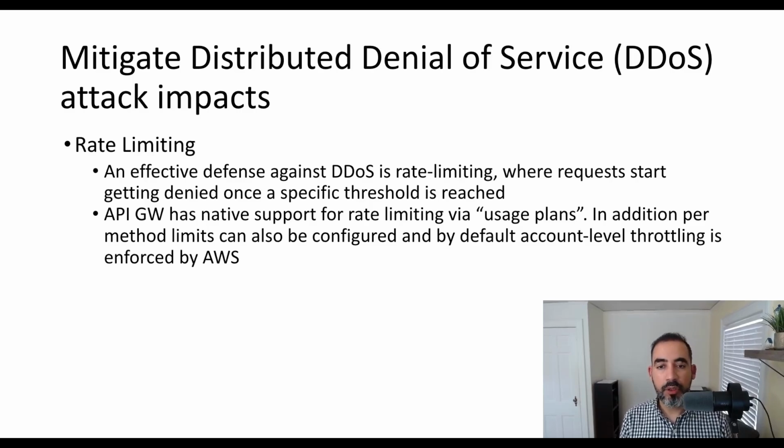There is something called usage plans, that if you incorporate that, then each caller with the specific usage plan would be restricted to whatever rate you have allowed them. The other implementation of rate limiting is done by AWS for us. There is some account level rate throttling which AWS implements, and the only way to change it is to make a service request to AWS support to increase it.